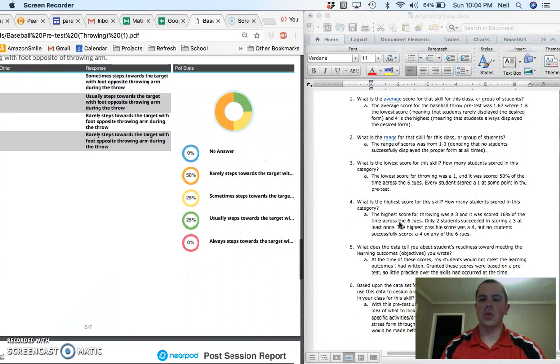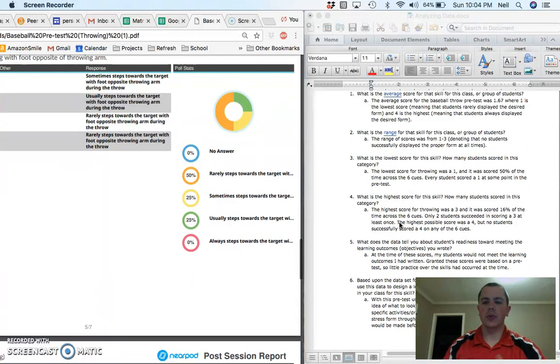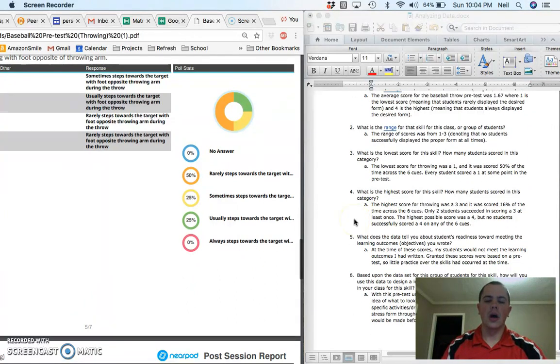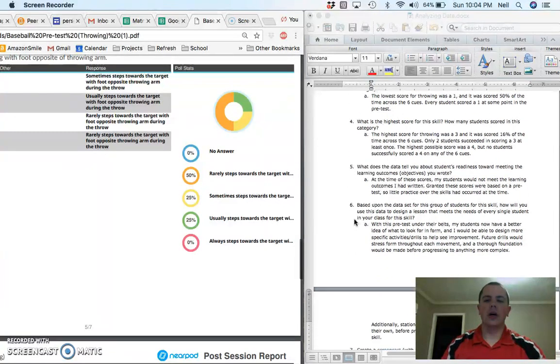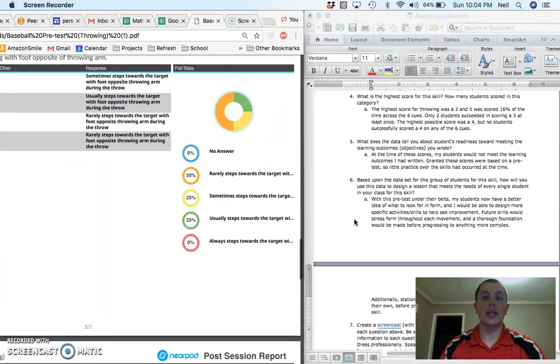So the next question: what does the data tell you about students' readiness toward meeting the learning outcomes? At the time of this pretest, it is before they've really undergone much practice or many drills to help develop their skill. So it's understandable that they're pretty low in their scoring, and this is expected.